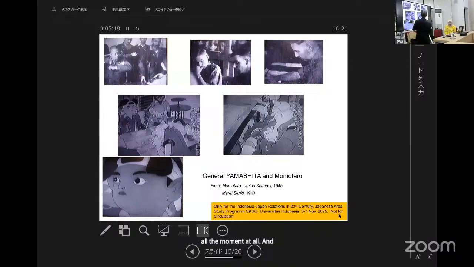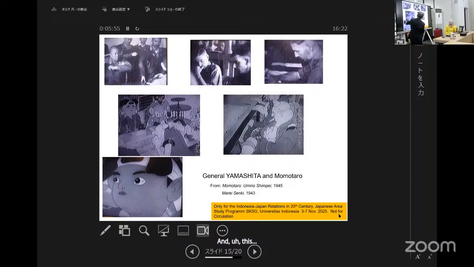And I think this is the final version of the transformation of the so naive, friendly Momotaro image, transformed in line with the Japanese imperial expansion since the early 20th century.